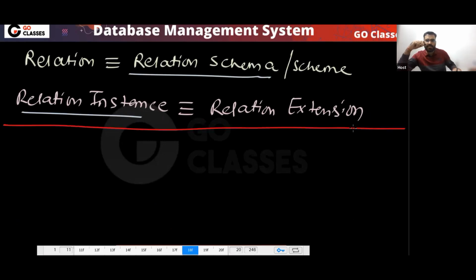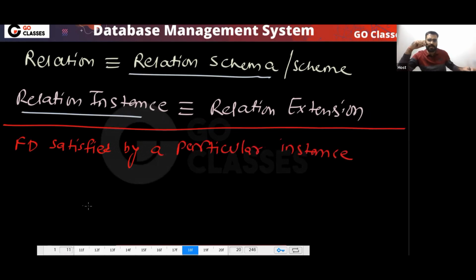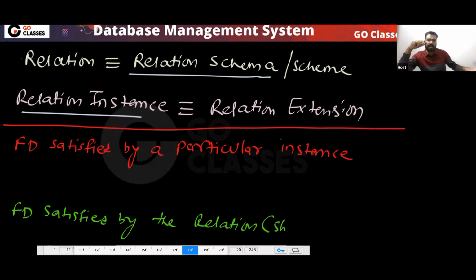If a functional dependency F is satisfied by a particular instance, then what can I say about it being satisfied by the relation or schema?